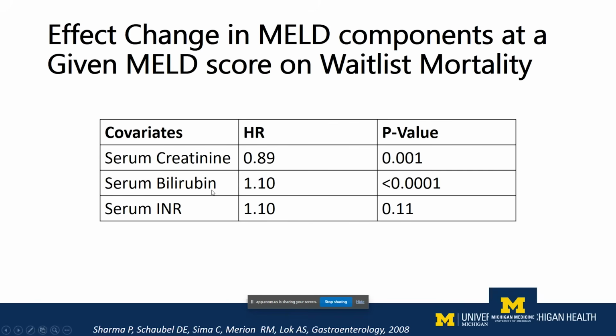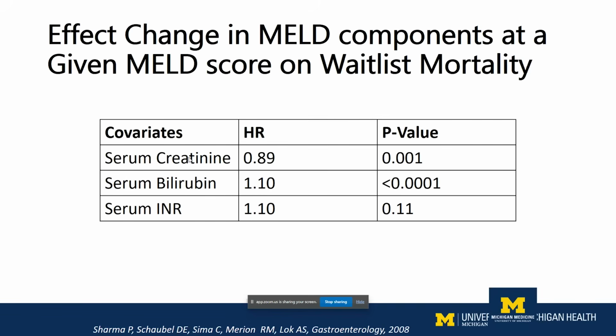However, every unit increase in bilirubin for two patients with the same MELD score is associated with a 10% increase in waitlist mortality, and INR has no difference. So although serum creatinine is associated with waitlist mortality and post-transplant mortality, if there are two patients on the list with the same MELD score, the person with high serum creatinine probably has better synthetic function of the liver.